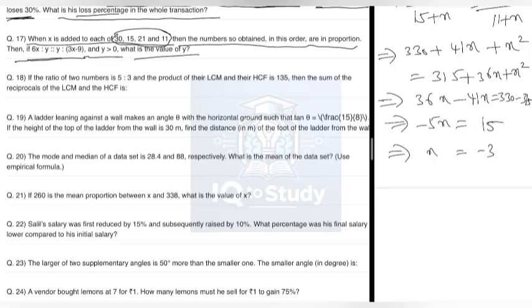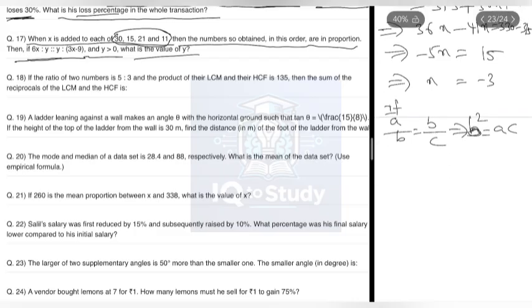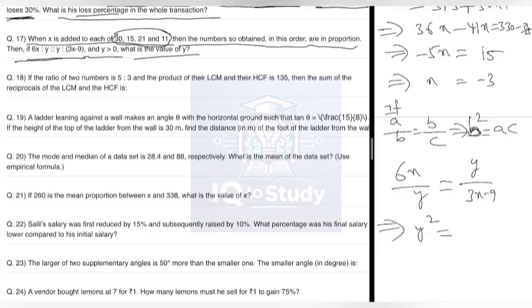It is in the form of a/b = b/c, which means b² = ac. So 6x/y = y/(3x − 9) becomes y² is equal to 18x² − 54x.